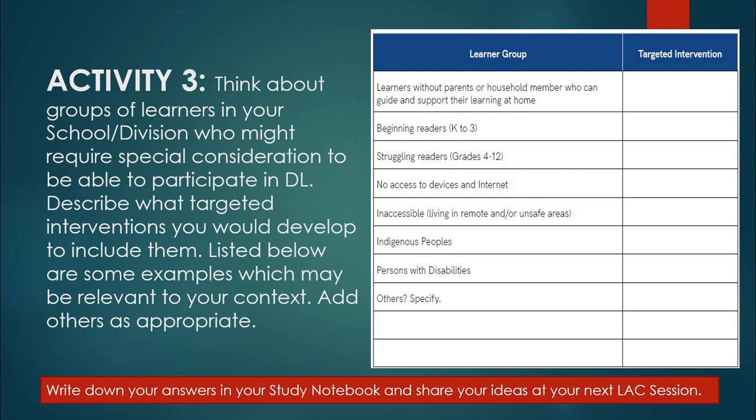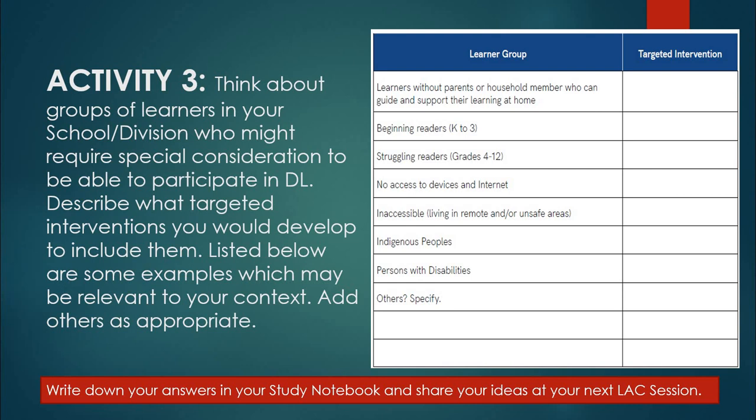Listed below, or on the right part, because actually the information in this PowerPoint presentation was from a PDF in a portrait layout. Since our PowerPoint presentation is in landscape, I just arranged it in a way that it will be presentable.